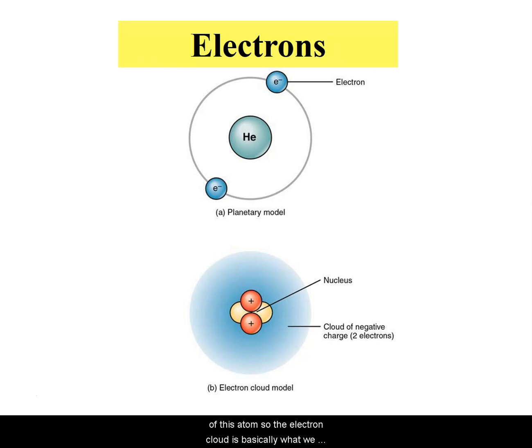So the electron cloud is basically what we see. It is extremely difficult, because they're so small and they're always in motion, to see an individual electron.